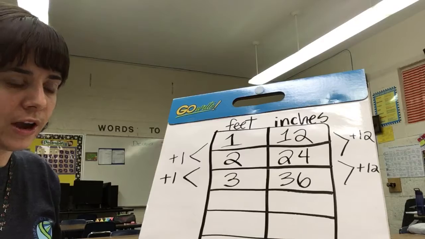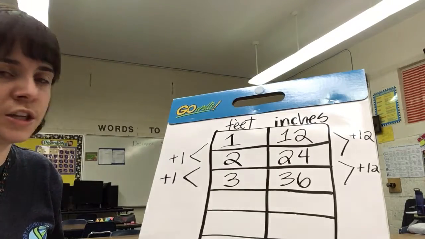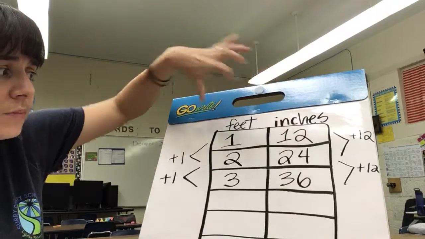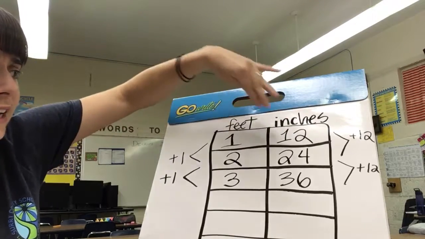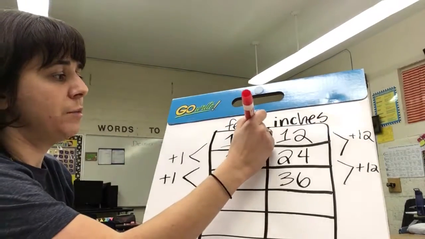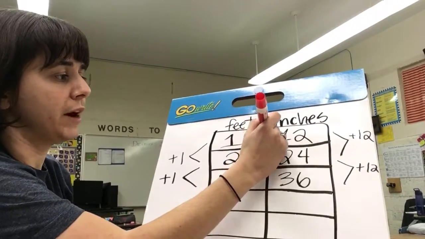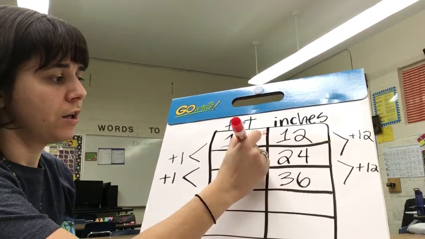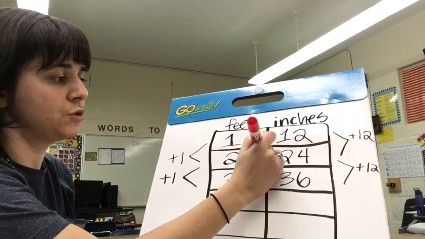So if you look at your chart, there are other patterns that you should notice from the left side to the right side. When I'm converting from feet to inches, to get from 1 to 12, I would multiply by 12. To get from 2 to 24, I would also multiply by 12.